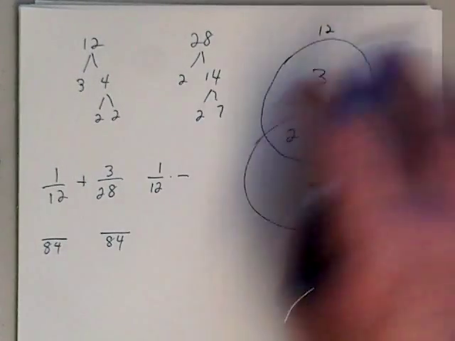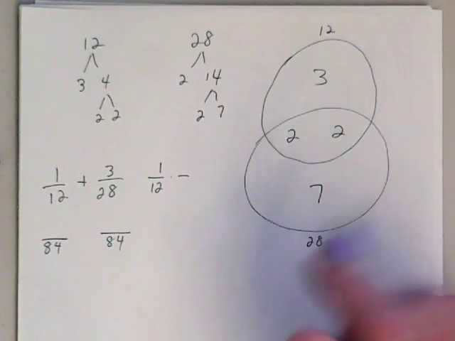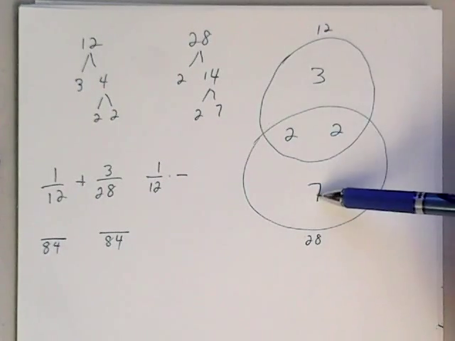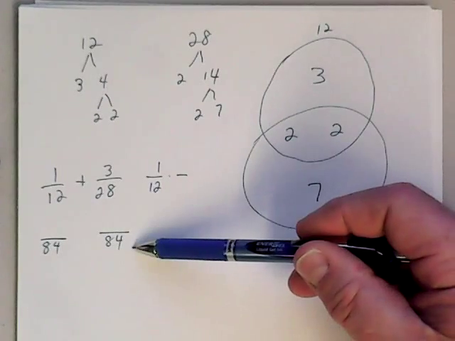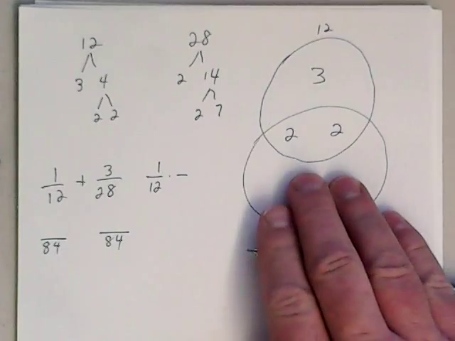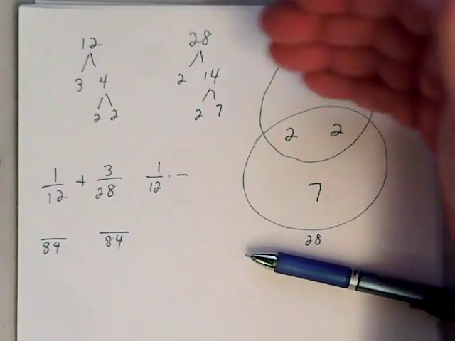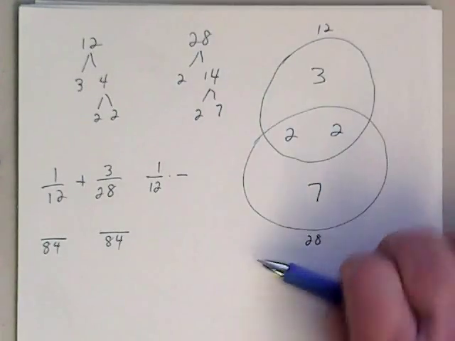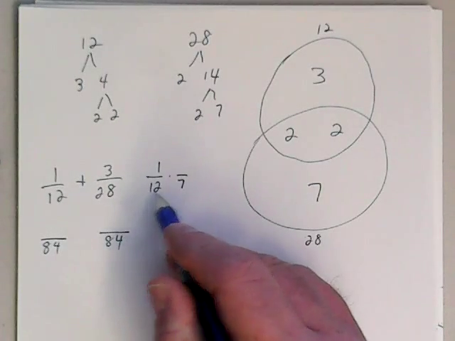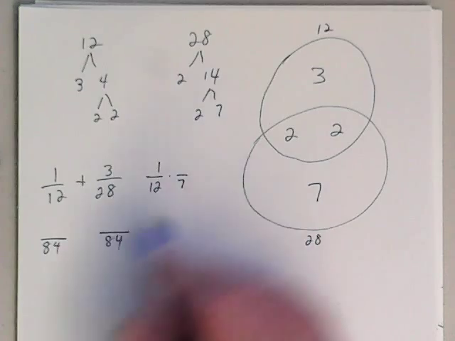If I keep this diagram here, I already know that, hey, here's 12 in this circle. What do you need to multiply by to get 84? It's right here, right? Here's my 12 in that circle. So 12 times 7 is 84. So I need to take the denominator times 7, and I'll get 84.